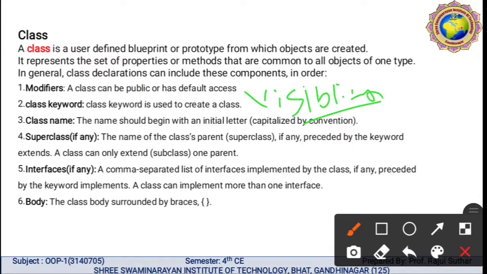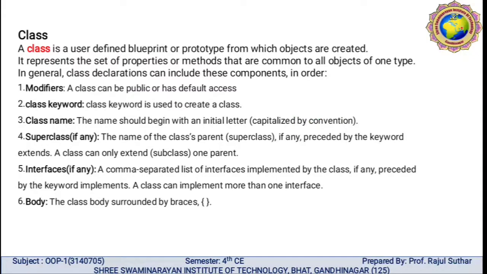Then the second component is the class keyword. The class keyword is used to create a class. Then the name of the class. The third is the class name. The name should begin with an initial capital letter, that is called capitalized convention. We can start each and every class with capital letters.